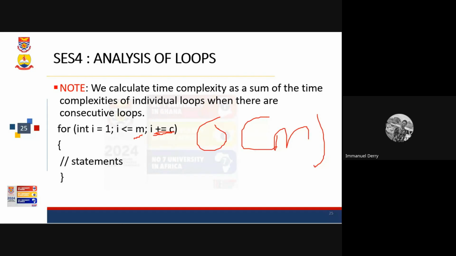But then the loop will terminate if this condition is satisfied. I don't know if you get what I'm saying. Yes, sir. All right, so the complexity is going to be big O of M. That is linear. Yeah, that is a linear time complexity. All right.